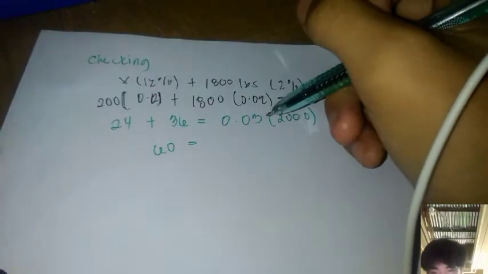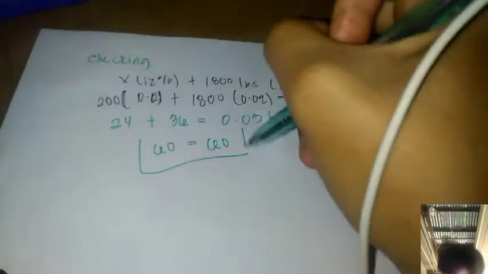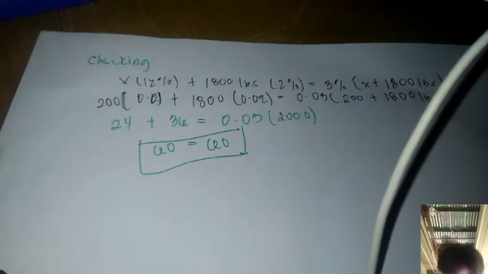After that, we need to solve this, so we have 60, and let's multiply the 0.03 to 2,000, so we have 60. So the answer is 60 over 60.